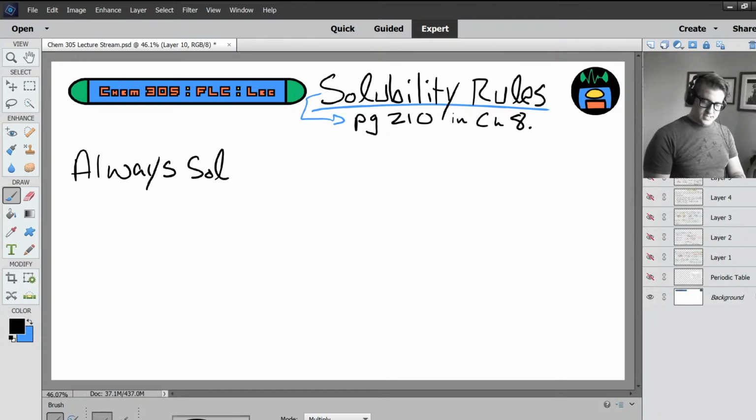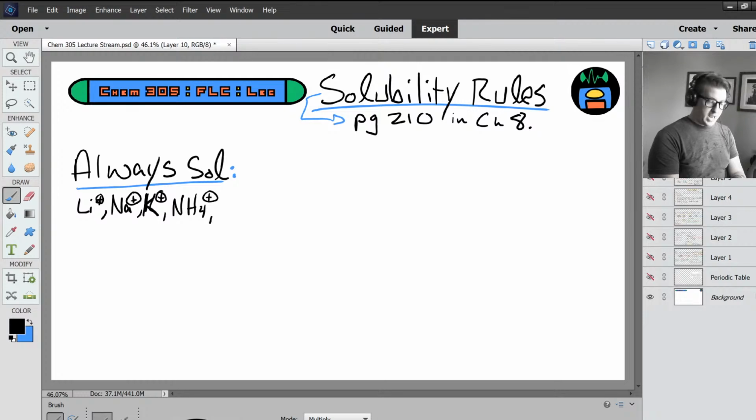These ions are considered to be always soluble, and they are lithium, sodium, potassium, you'll notice our first column there, ammonium, NH4, always soluble, and acetate, C2H3O2, also nitrate, NO3.